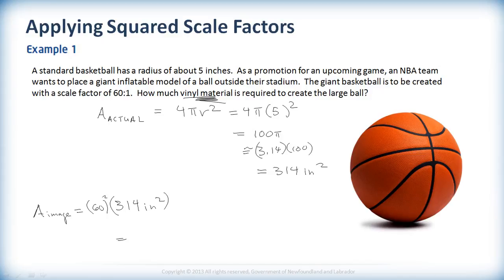So I have 314 multiplied by 60 squared. That's a huge number, but remember we're working in square inches here. So that's going to be 1,130,400 square inches. That's a lot of material.